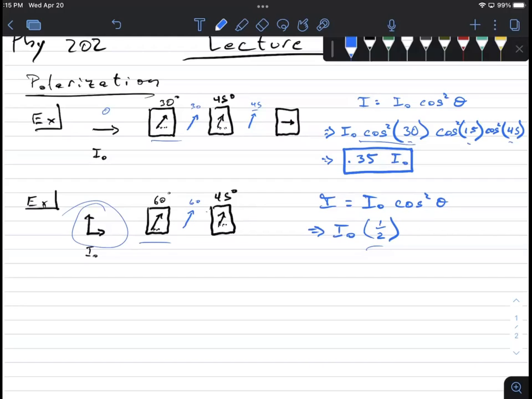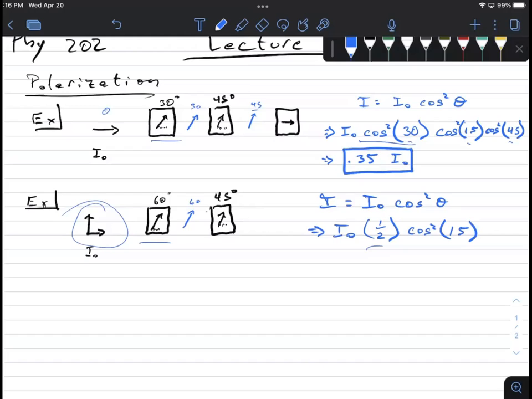Well, this I do need a cosine squared because I'm not unpolarized anymore. I started unpolarized. I went through a filter. The filter took everything away and kept only 60-degree stuff. So now I need a cosine squared for this. And what's the angle? Well, I'm starting at 60, trying to get through 45. 60 minus 45 is 15. So his angle is 15.